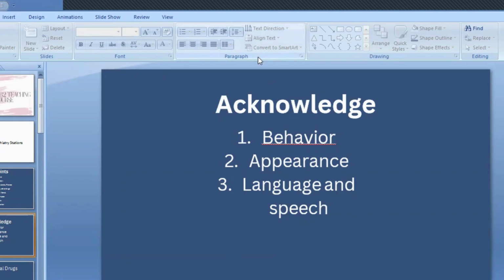If there is something visible going on with the patient, if the patient is acting odd or acting in a certain way, you should acknowledge that behavior, not only because it might be related to the concerns of the patient, which in turn would help you in formulating a good management plan.